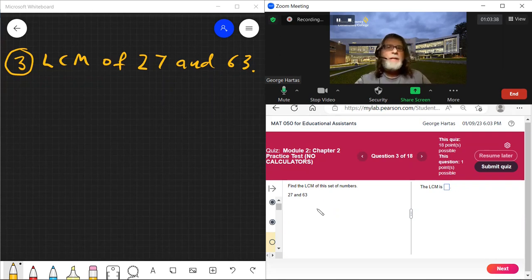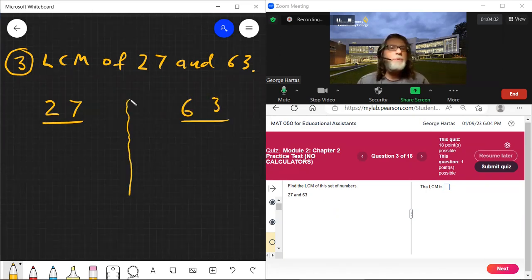Well, I can tell you right now that if I take multiples of 63, it's going to get ugly quickly, right? That's a big number. So definitely use the factor tree here because it's going to be easier. So let's do that. So 27 and 63.